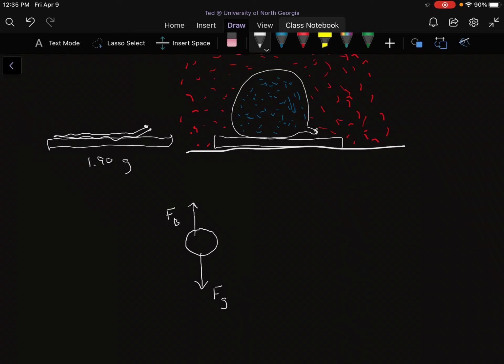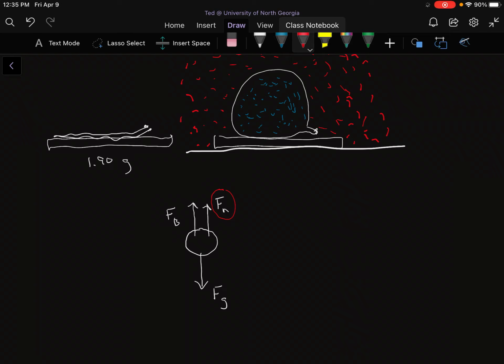That force is pushing up on the balloon. And then we've got the normal force from the scale pushing up on the balloon. And by the way, this normal force from the scale actually tells us what the scale is going to read. Now the scale reads in grams, but we're going to calculate the force in newtons, and then we'll see what the scale reads.